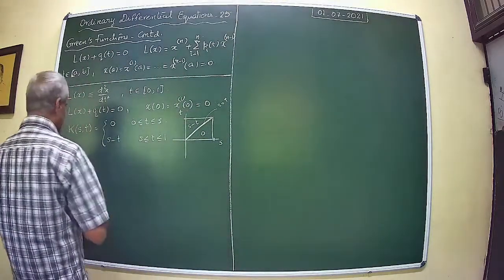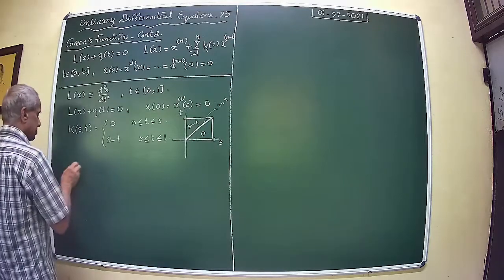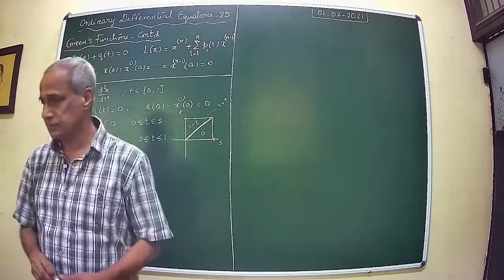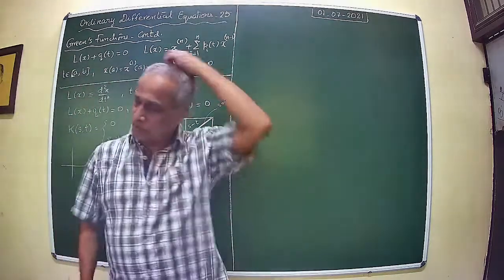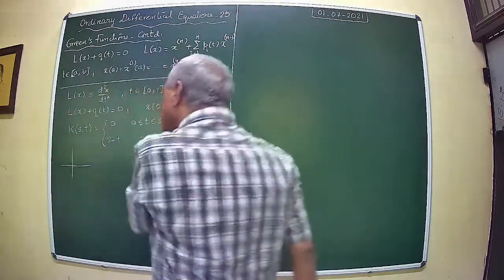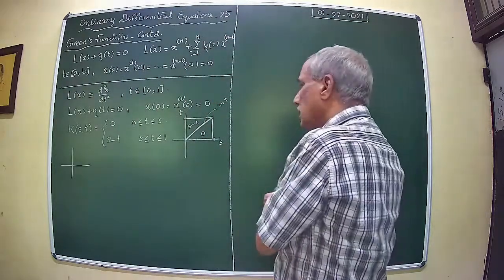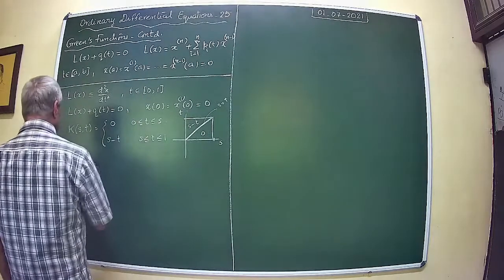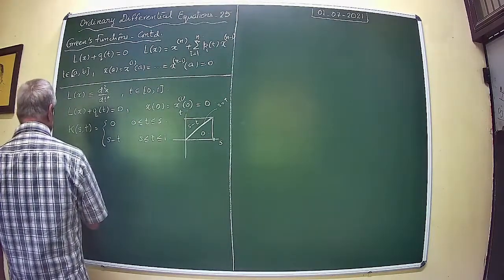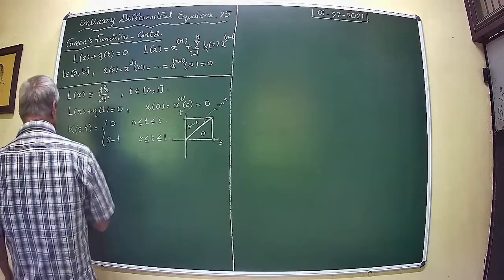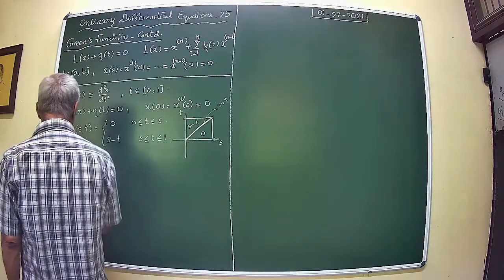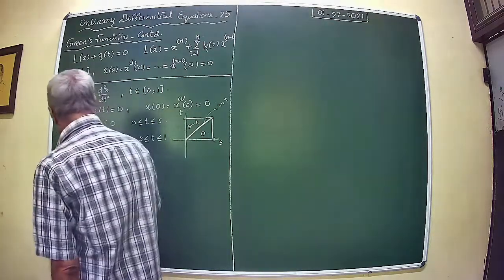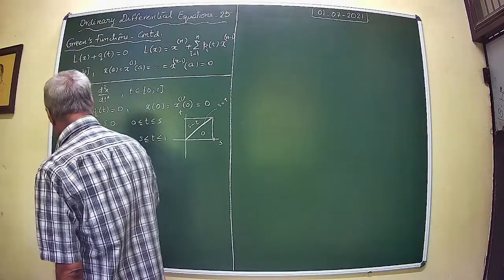Also, if you simply plot the graph of this function from 0 to 1 as a function of t, then up to s this is identically 0, and from then onwards it is something else.